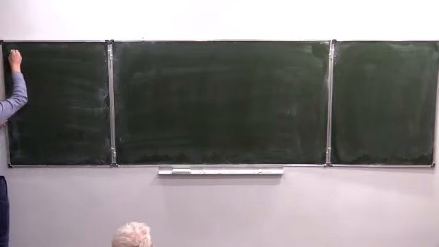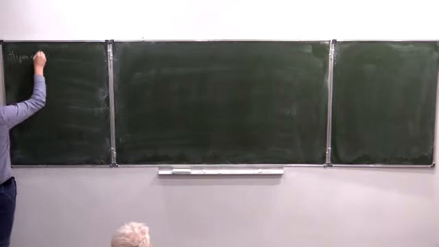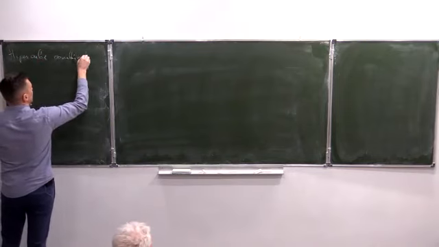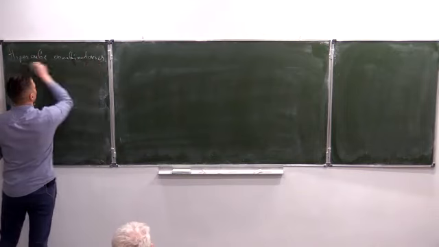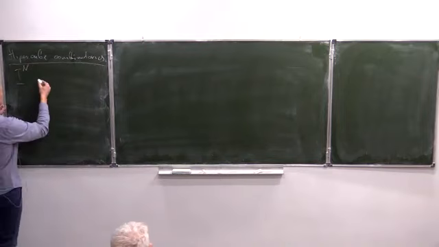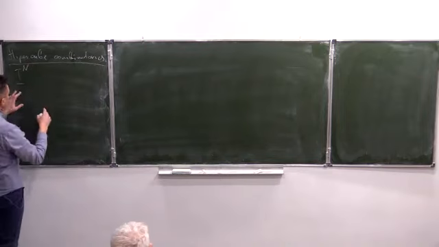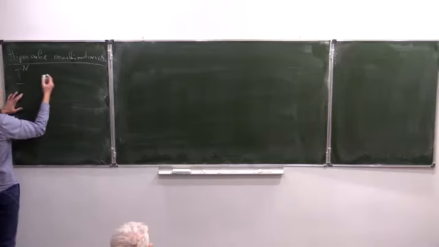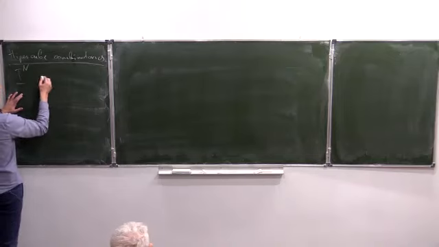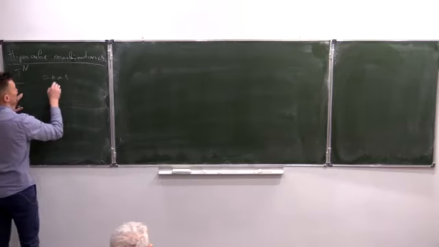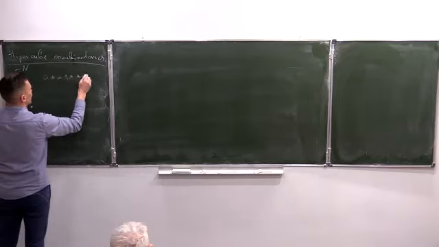Hypercube combinatorics. We will consider just the n-cube, and all faces of this cube can be encoded by sequences of symbols, for example 1 star star 0 star star 1 star star 0 1.